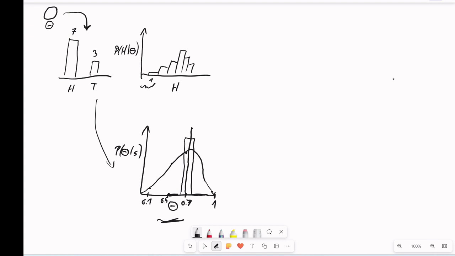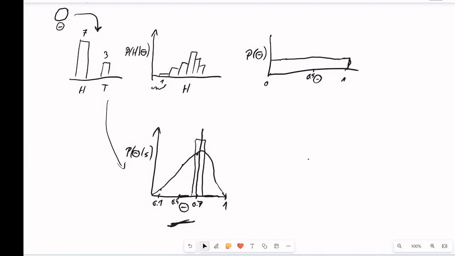This is something that you just decide on before you observe data. So in our case, before we do our coin flip, we say, okay, this is again our possible values of theta from 0 to 1. Here we would have the probability of theta a priori. And then we might, for example, say we believe that any outcome is equally likely. So everything we did up to now is before we even start flipping the coin.